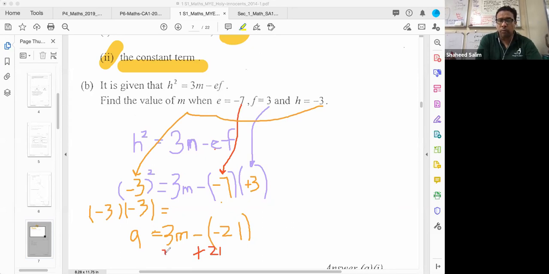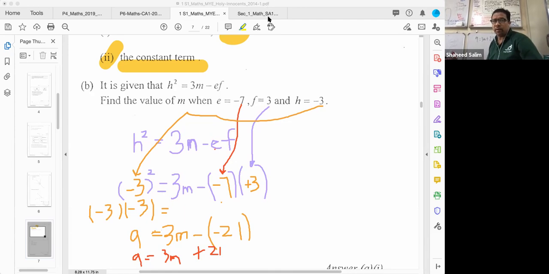So how to continue? I'm going to show you now, on the board because writing down here is a little bit slow. Okay, down here, I'm going to copy this down on the board. How to do this one? So, okay, 9 equals to 3m plus 21. First of all, do you understand how you get this now?